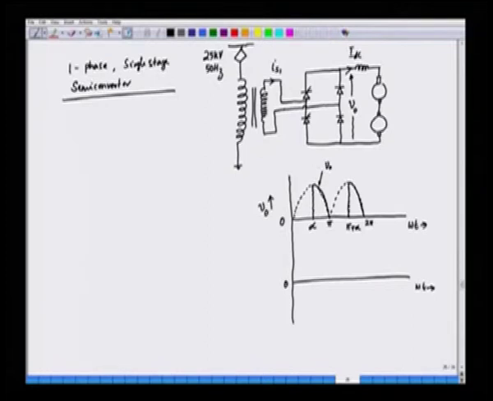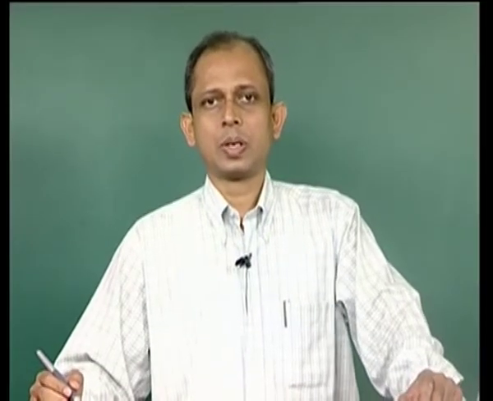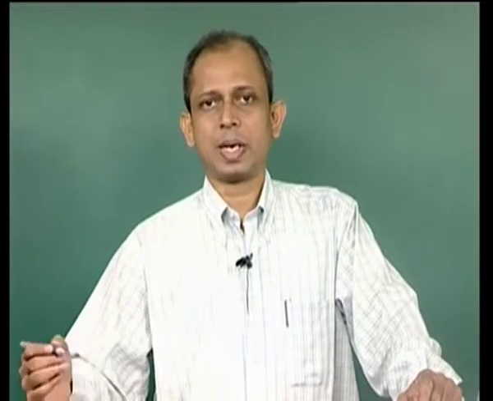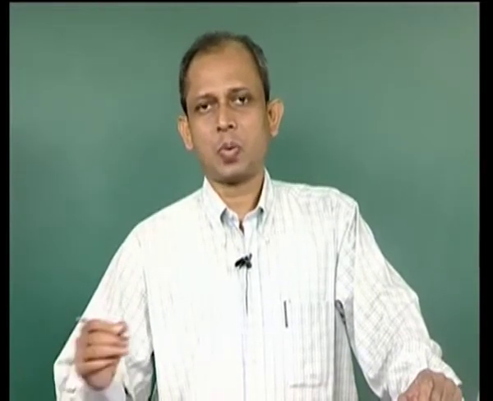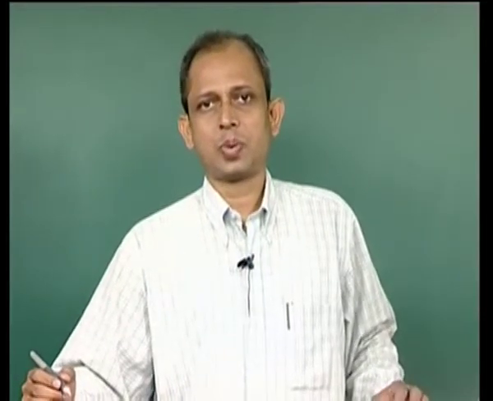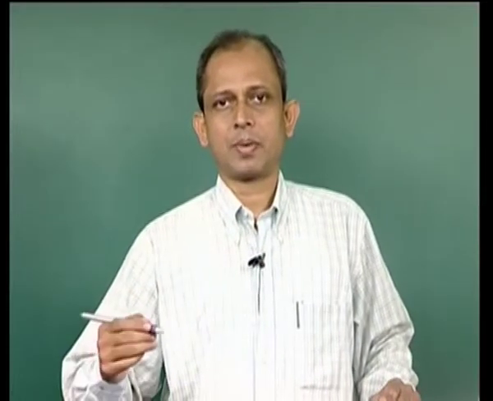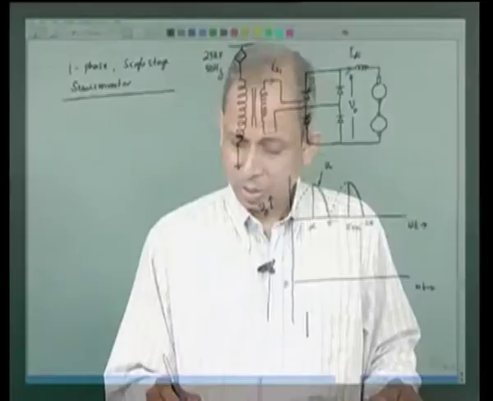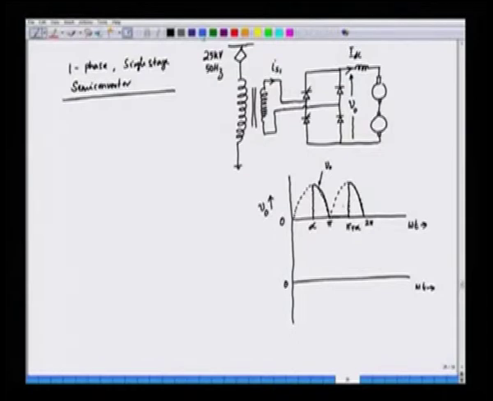The V naught or the output voltage will be the rectification of the input, and since we are controlling the output voltage, we have the triggering angle alpha. Up to alpha the voltage remains 0, and then from alpha to pi the voltage becomes Vs. The voltage basically remains 0 from 0 to alpha and from pi to pi plus alpha.